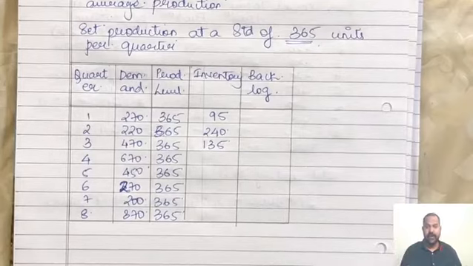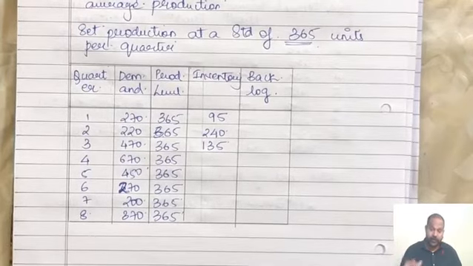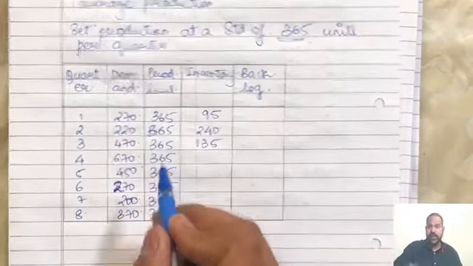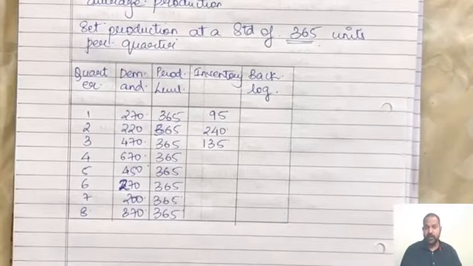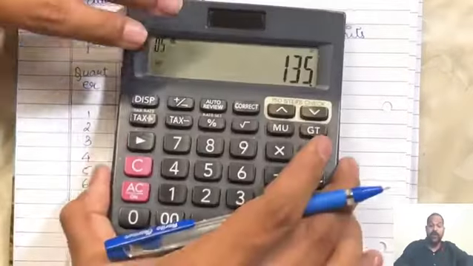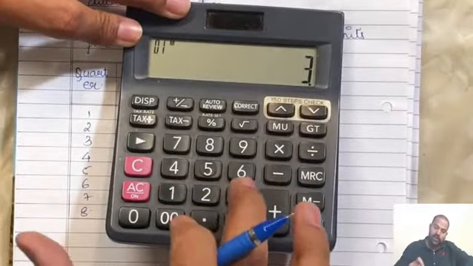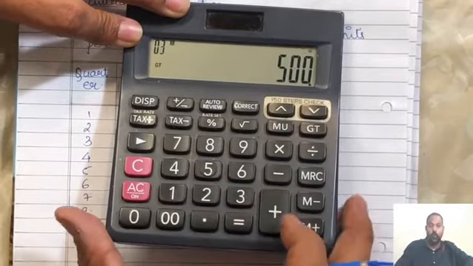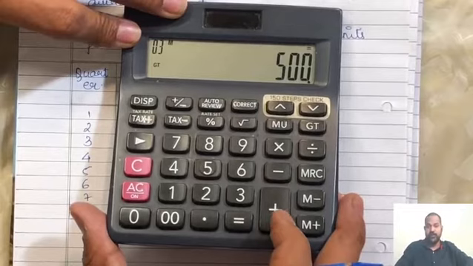In the next period, what we are going to do is, I am again going to produce 365 units. The 365 units plus the 135 in my storeroom. So the 365 plus the 135 in my storeroom is a total of 500 units.